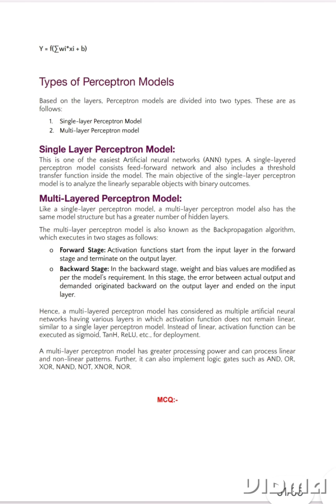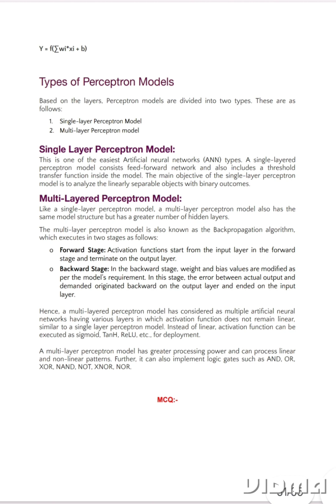In the backward stage, weight and bias values are modified as per the model's requirement. In this stage, the error between actual output and demanded output originates backward on the output layer and ends on the input layer.